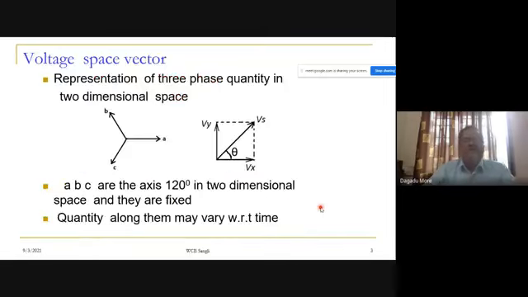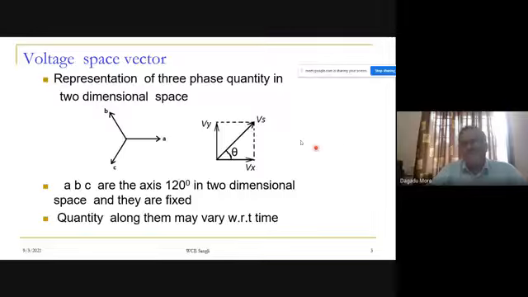Now we go to the concept of voltage space vector. Here, a representation of a three-phase quantity, which may be sinusoidal or non-sinusoidal. Which three-phase quantities? They may be voltages, currents, or flux linkages. These quantities can be represented in a two-dimensional space.